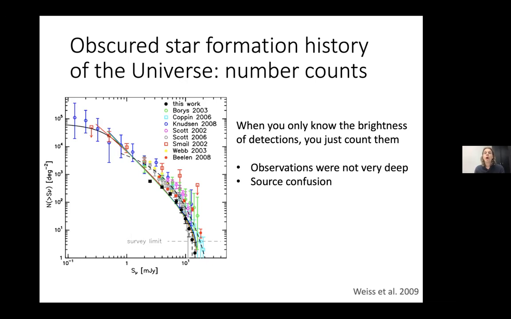But the observations were not very deep, not really sensitive. And as I mentioned before, with a beam of 14 arcseconds or so, what you quickly run into is source confusion: within one resolution element, there are actually two or three sources all contributing to the brightness that you measure within that resolution element.